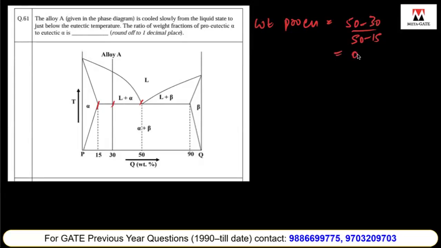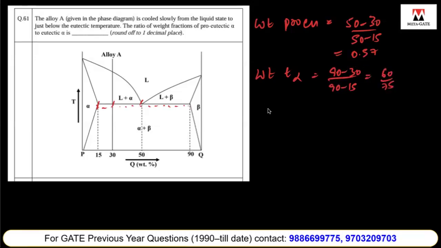So you will get a weight fraction of 0.57. The weight fraction of total alpha is 90 minus 30 by 90 minus 15, which is equal to 60 by 75.